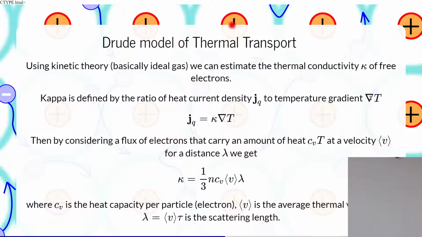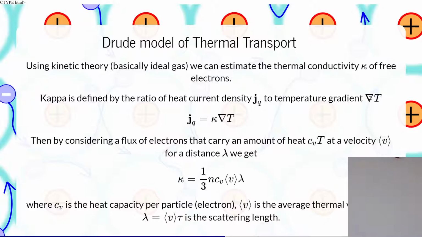But what you can do, you can assume that each particle is going to carry a certain amount of heat of the order of kT. Comes from the heat capacity of them. You can plug that into the heat equation.